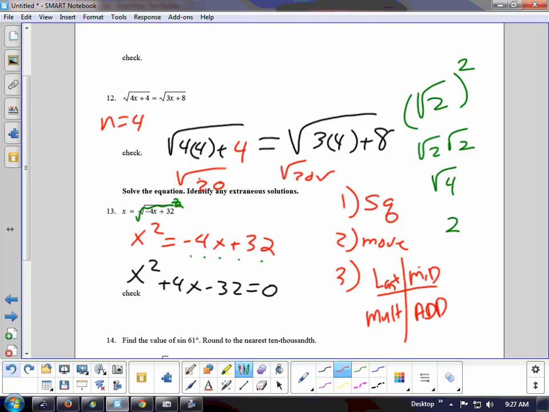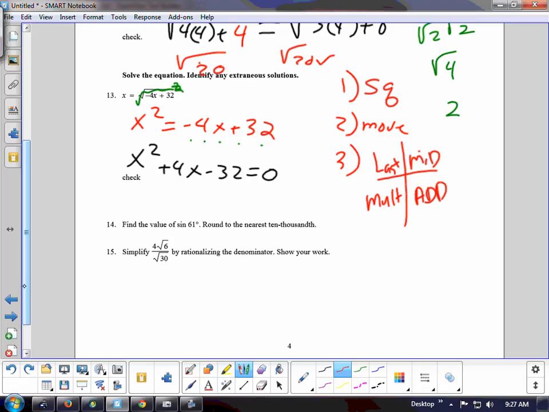So on my chart, I'm going to put negative 32. The last number is first, and the pair adds up to the middle number. Factors of 32 that add up to 4 are 8 and 4. And it has to be positive 4. So what's positive, what's negative? 8 positive, 4 is negative.